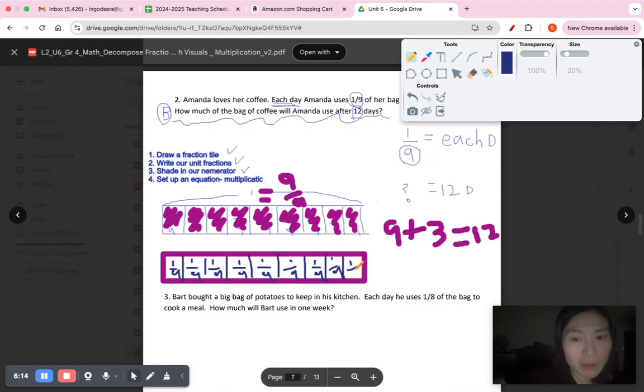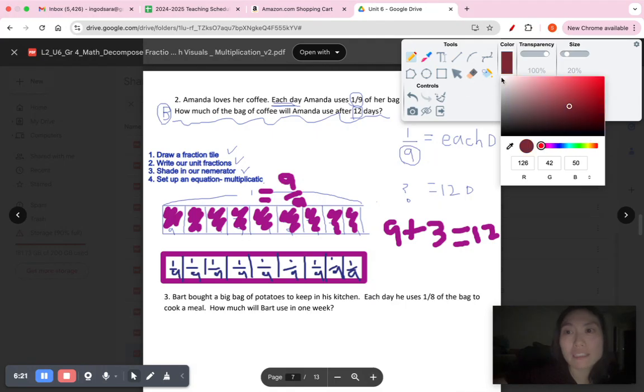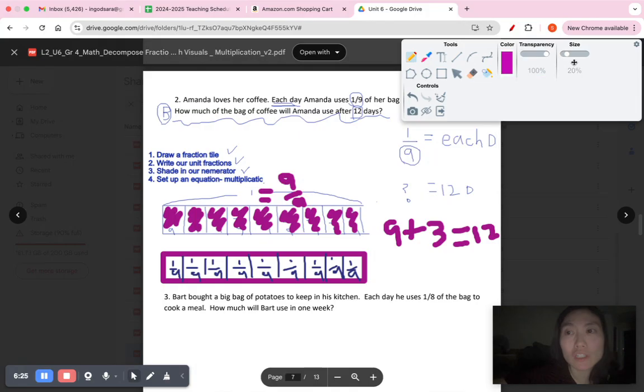Now, how many more unit fraction pieces should I shade in? I stop at 9. Let me choose the same color. There you go. So I have 9/9 here. So I'm going to continue adding on that unit fraction 1/9. So 9/9, 10/9, 11/9, and 12/9.